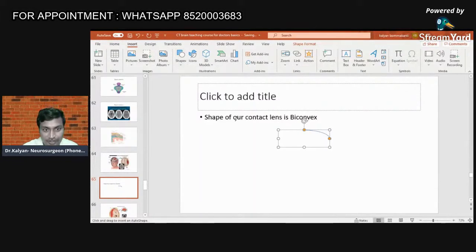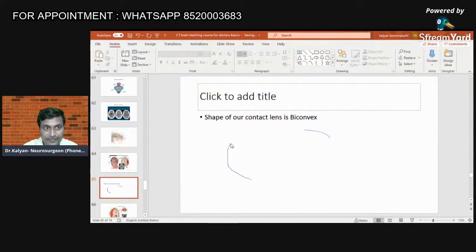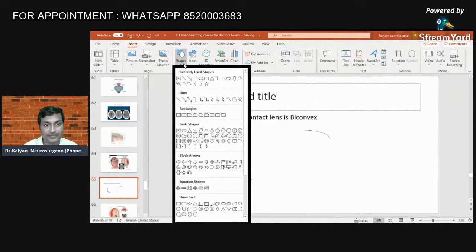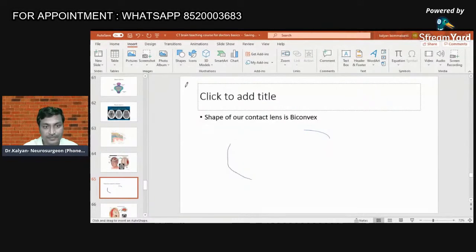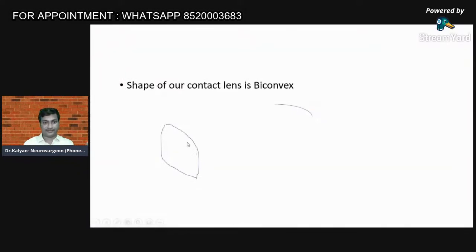It's difficult for me to draw. Anything of this shape, you are able to see, has two convex structures. So this one we call biconvex. Am I clear? So this is biconvex.